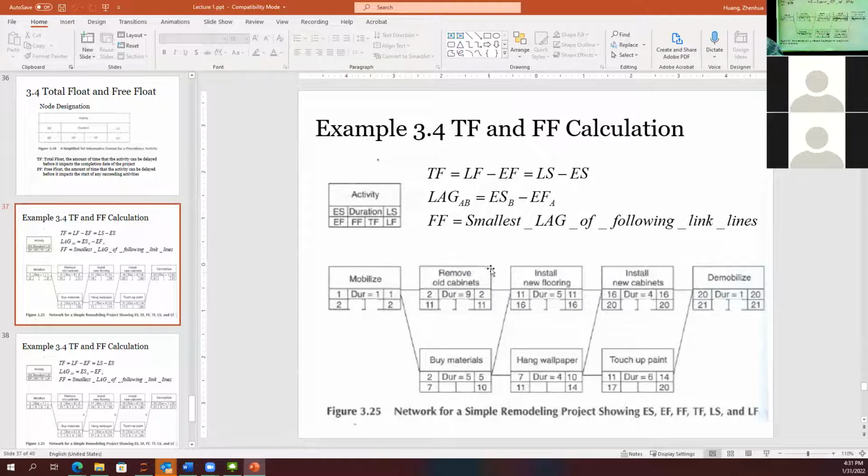B means the succeeding activity. So that's lag. If you have multiple lags on the line, then select the smaller one among them, and put it over here, on the line following that activity.